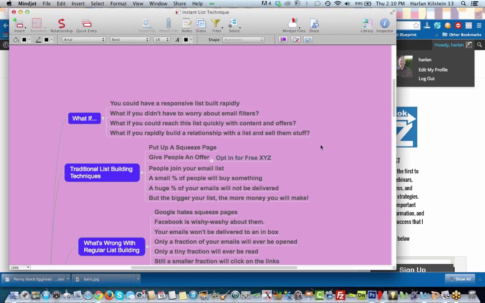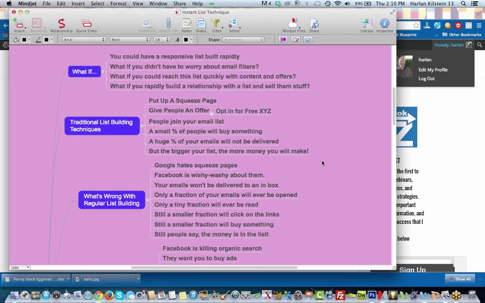Okay, so here was list building when I got started on the internet in 2004. You put up a squeeze page. In those days, a squeeze page was very, very simple.